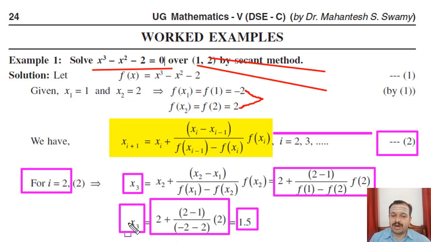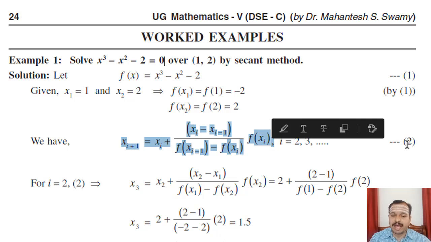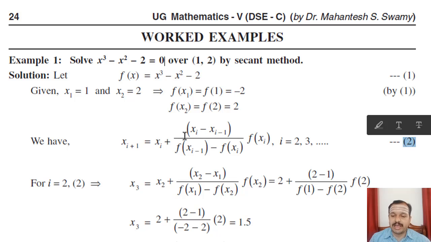The given data was 1, 2. Starting with the initial approximation 1, 2, where 1 was initial and 2 was its improved value, now we got 1.5 as x3. Now with this value of x3, let us move on to the next step, that is we will use the same formula which I have shown you over here, equation number 2, with i equal to 3.